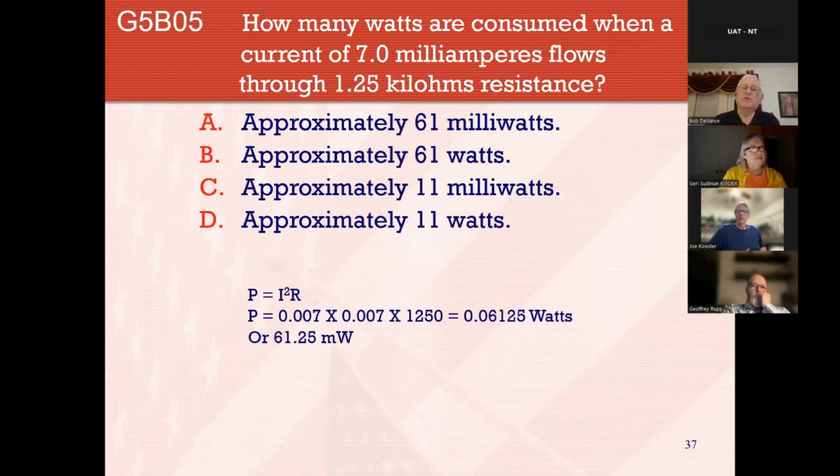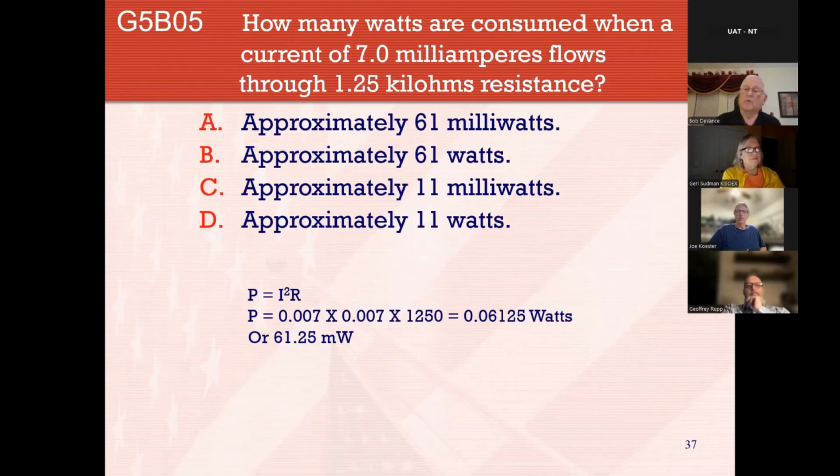How many watts are consumed when 7 milliamps flows through 1.25 K ohms of resistance? This is where our metrics come into play. 7 milliamps is how many amperes? We've got to move the decimal point now. Milli means thousandths, so that's 7 thousandths of an amp, or 0.007 amps.